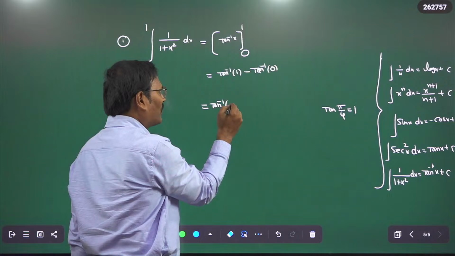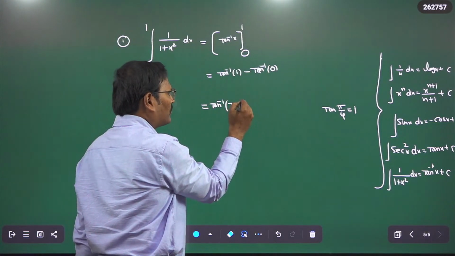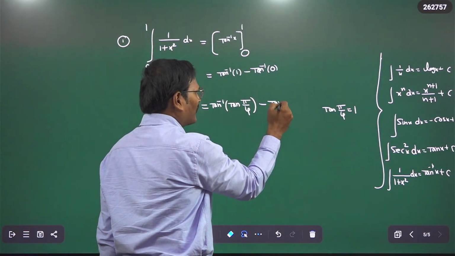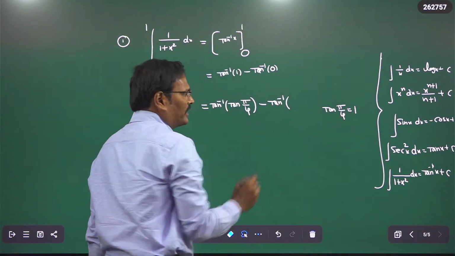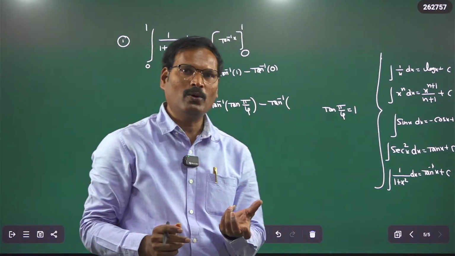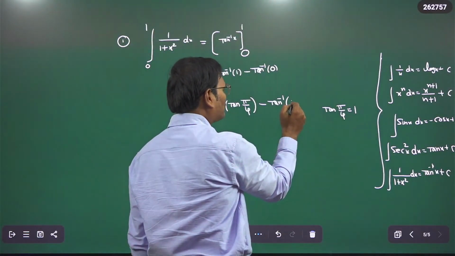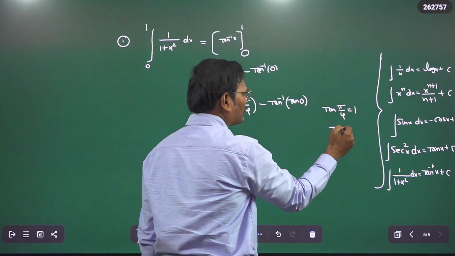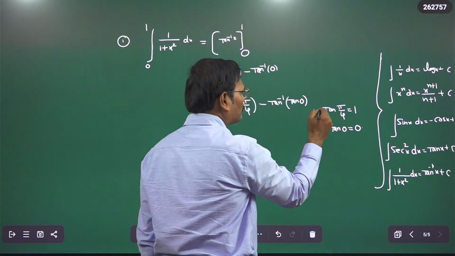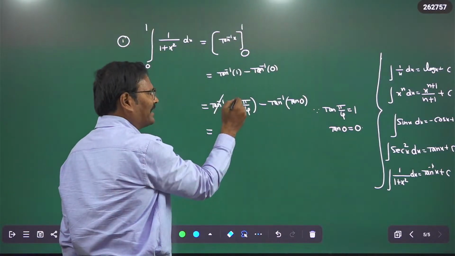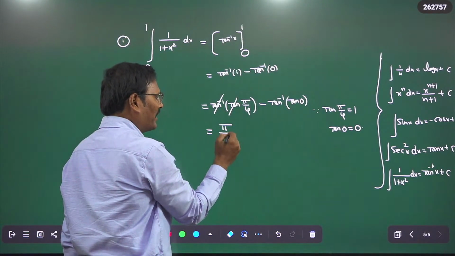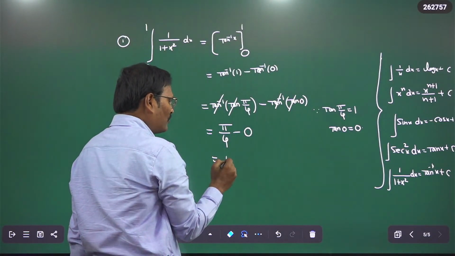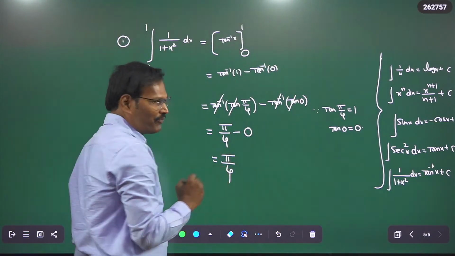So tan inverse of tan pi by 4 minus tan inverse of 0. In the tan table, where can we get 0? Tan 0 is 0. So tan and tan inverse get cancelled, pi by 4 minus tan and tan inverse get cancelled, 0. So the answer is pi by 4.